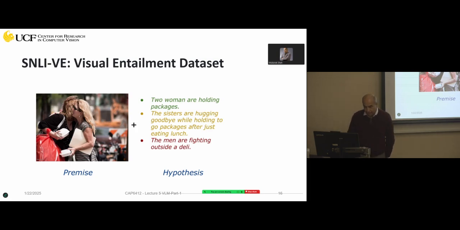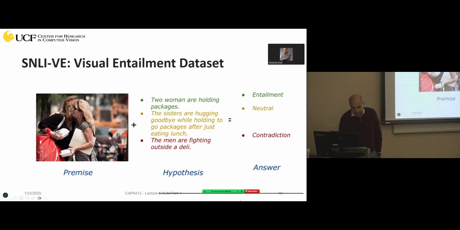The men are fighting outside. So you want to classify whether it's entailment, neutral, or contradiction. As you see, this is a contradiction, right? There are no men and so on. This probably is happening, and this is neutral. You can say it's true, but not certain. Something like that. So that's the task. They evaluated on this one.